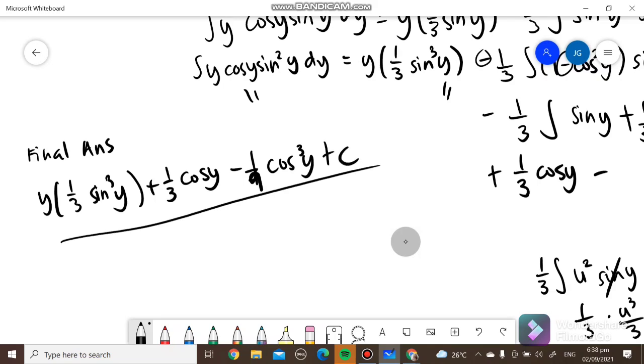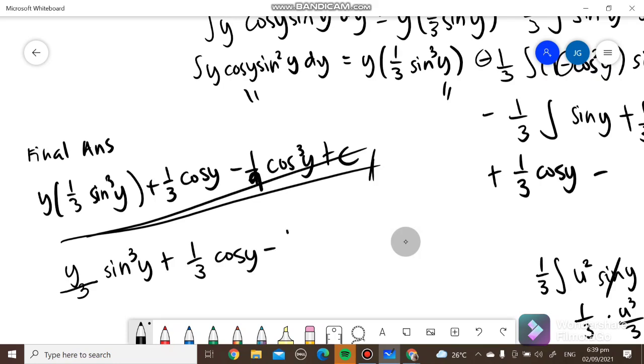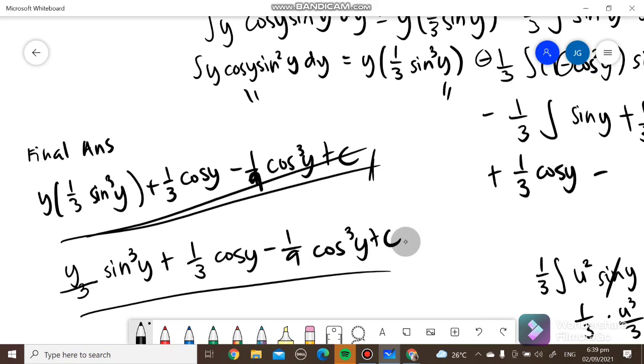This can be an answer, but we can rewrite this as y over 3 sine cube y plus 1/3 cosine y minus 1 over 9 cosine cube y plus c. So, this is our final answer.